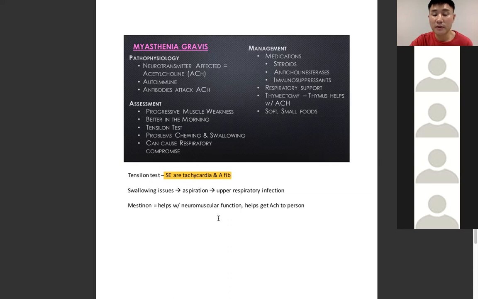Okay, so Mestinon is the medication that we give for patients who have MG as well. It can help with neuromuscular function and help get acetylcholine to the person.